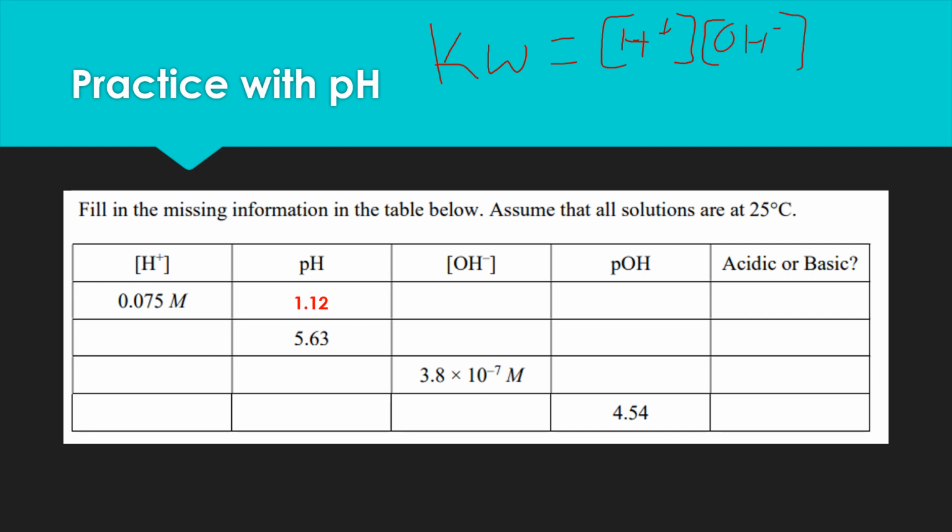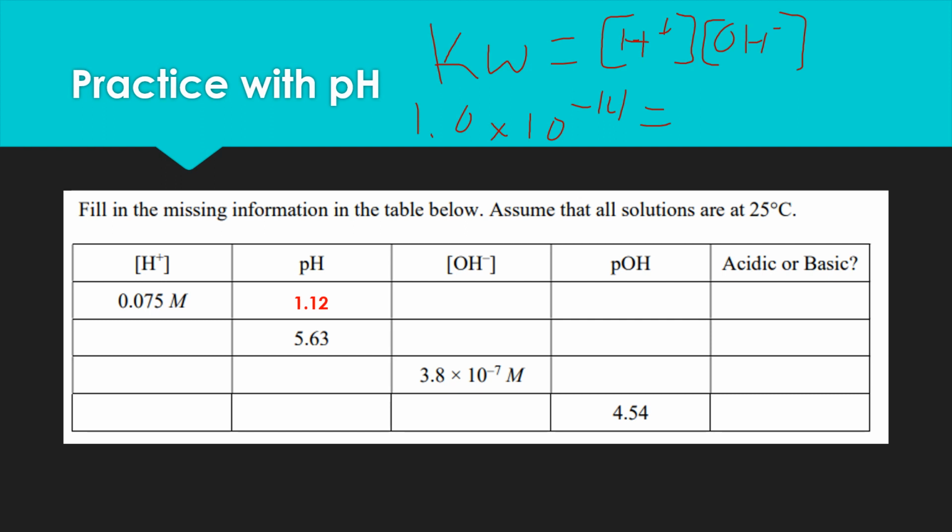And this value for Kw is 1 times 10 to the negative 14 equals our hydrogen times hydroxide. So if I have either the hydrogen or the hydroxide ion concentration, we can divide by whichever one we have and get the other one's concentration.